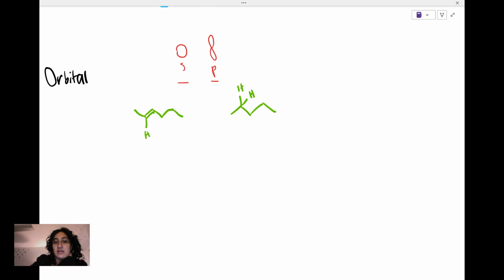What does that even mean? Okay, so at this carbon, right, the hybridization is sp3 because it's attached to 4 different groups. So the hybridization there is sp3. Whereas at this carbon, the hybridization is sp2 because it's attached to 2 different groups. So S character means here you have 1/4 S and 3/4 P, right?